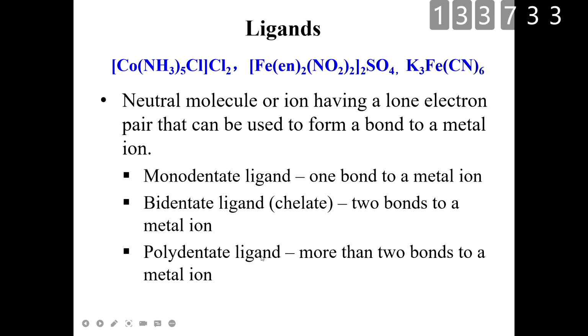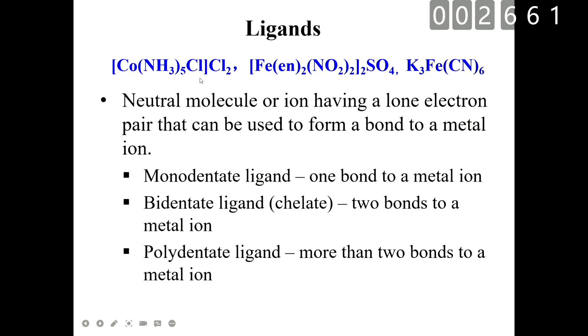Polydentate ligands. So in these 3 examples, for example, this one is monodentate. Okay, chloride is also monodentate, because each of them only provides one electron pair.